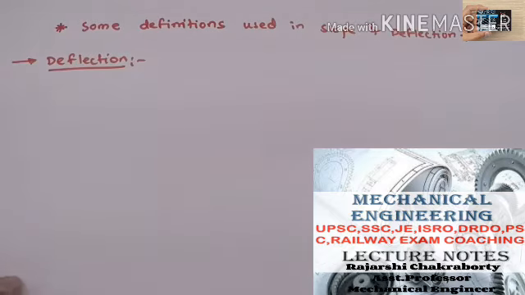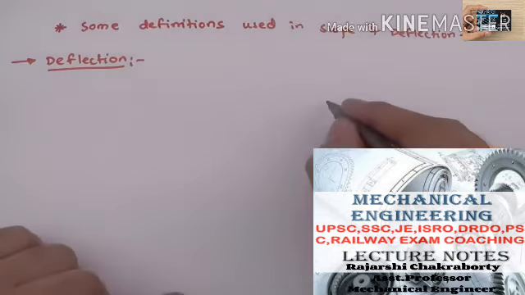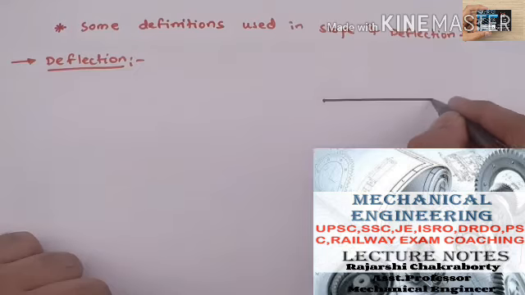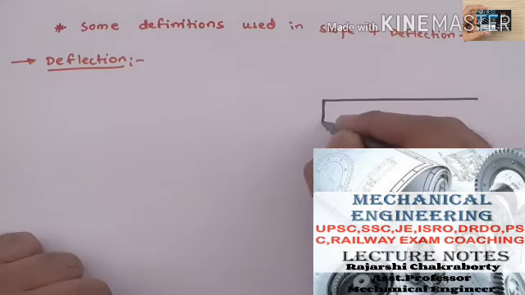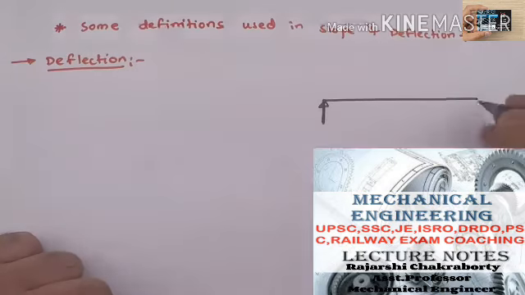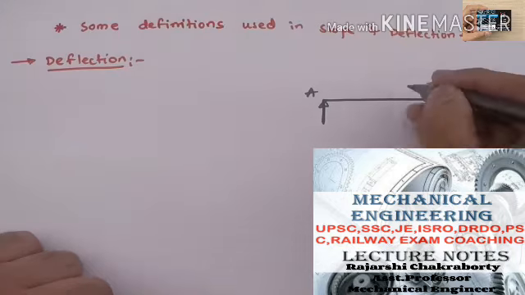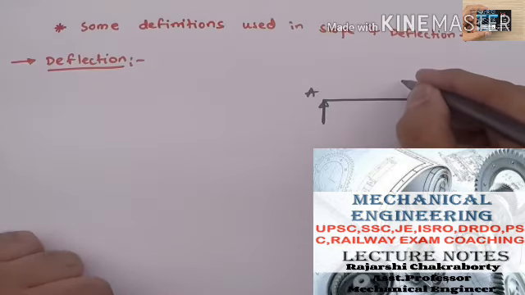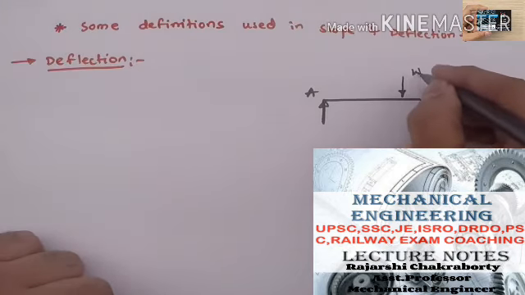To explain that, I will draw the diagram. I am considering a beam which is simply supported at A and B respectively. Now, suppose there is a load acting at the center of this beam.